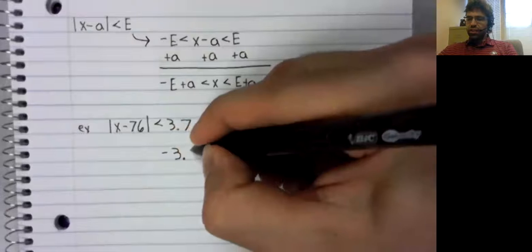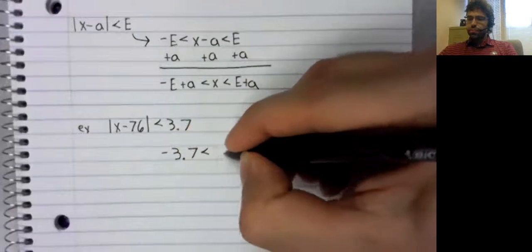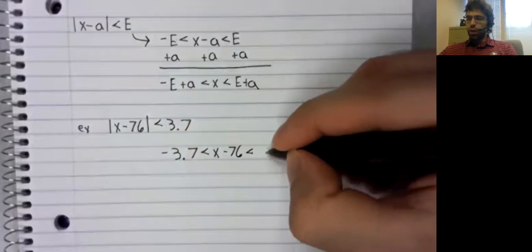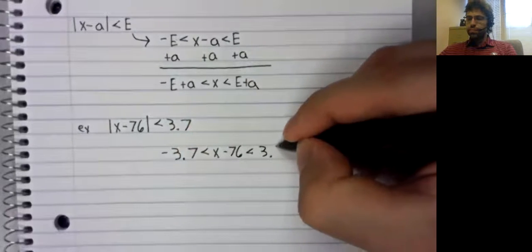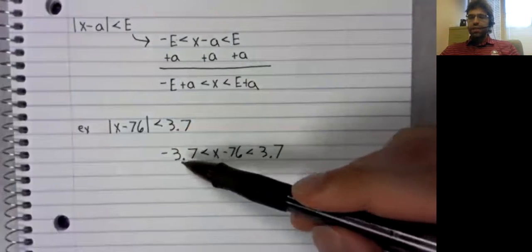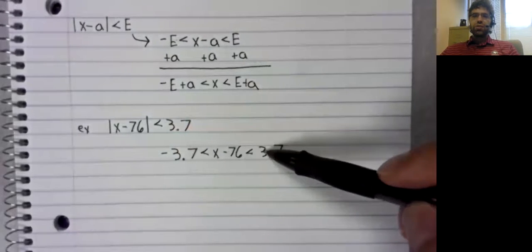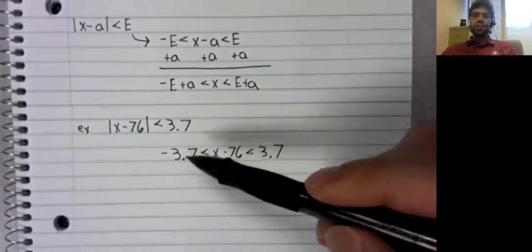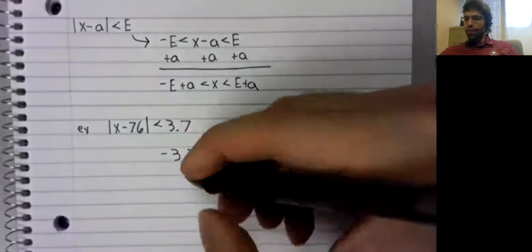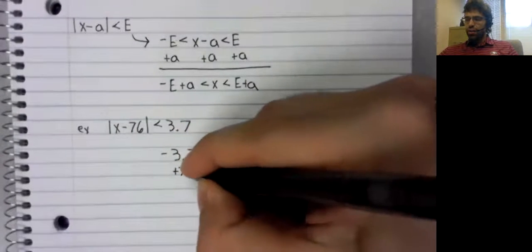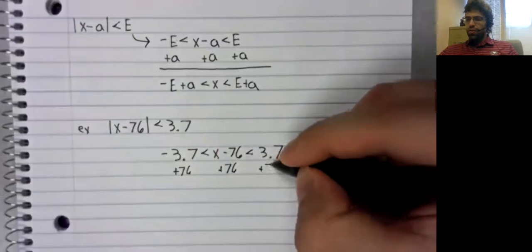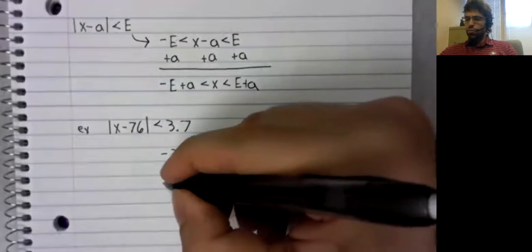We translate it into a compound inequality. And then we add 76 to each piece of this inequality to get x by itself in the middle.